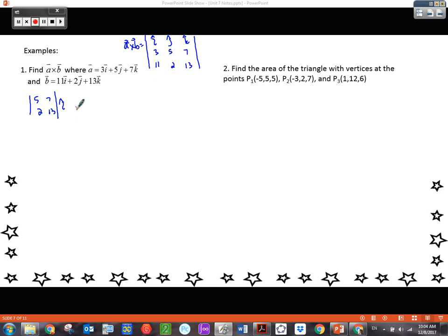Okay, then I subtract the second one. It's always, that's the only one that's subtracted is the second 2 by 2. So now I'm going to ignore this J column, and I'm going to ignore the top row, and I'm going to copy down the remainder. So that would be 3, 11, 7, and 13, and that's multiplied by J. Okay, that's a terrible J, but that is a J.